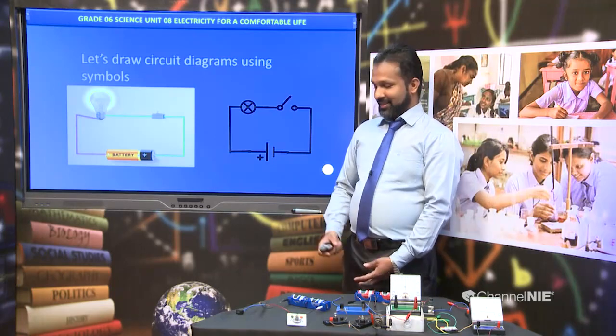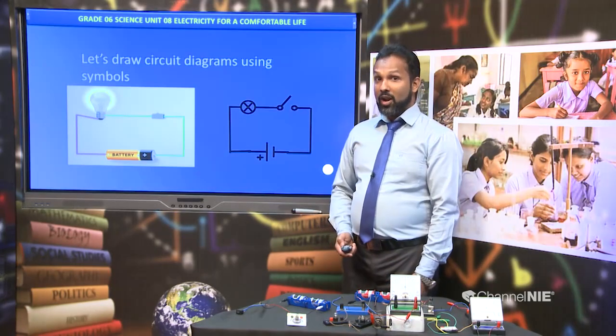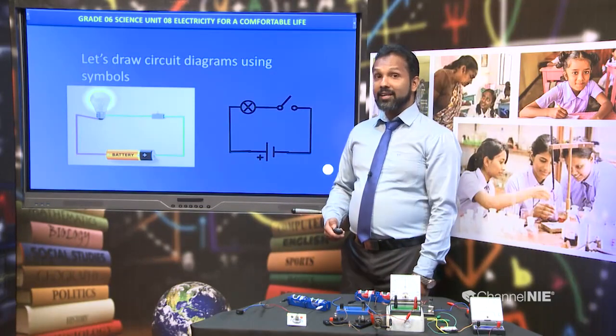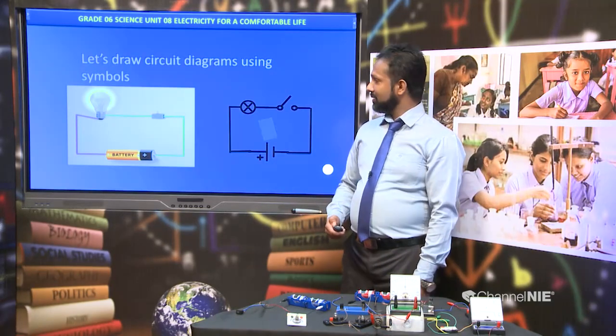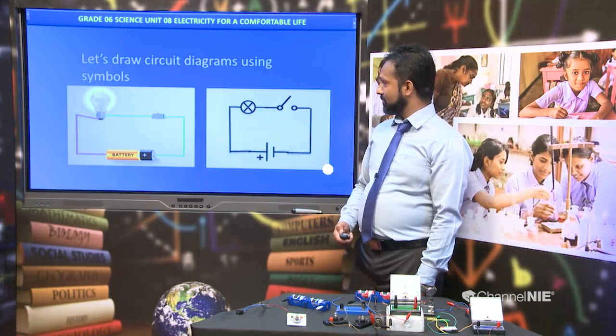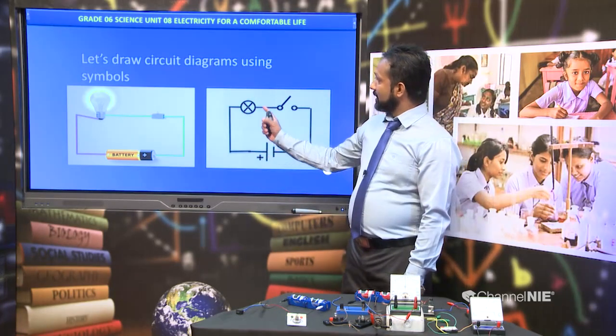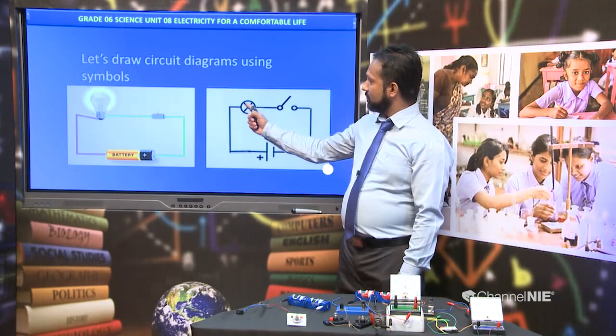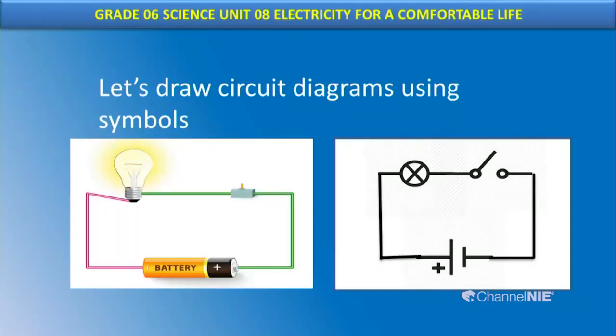Right. I am sure you have all drawn it. It's very simple. Your circuit diagram should be like this. This is the symbol of the bulb. The black lines are used to represent connecting wires. This is the open switch.